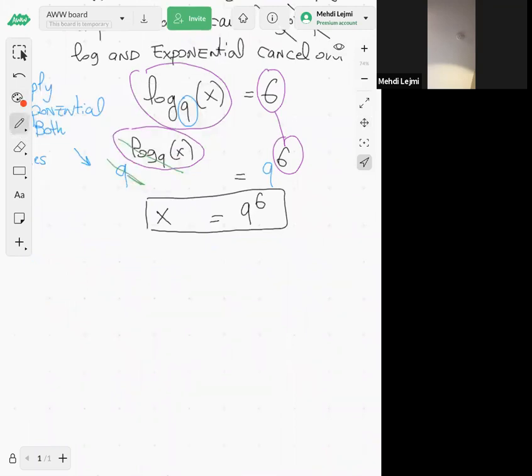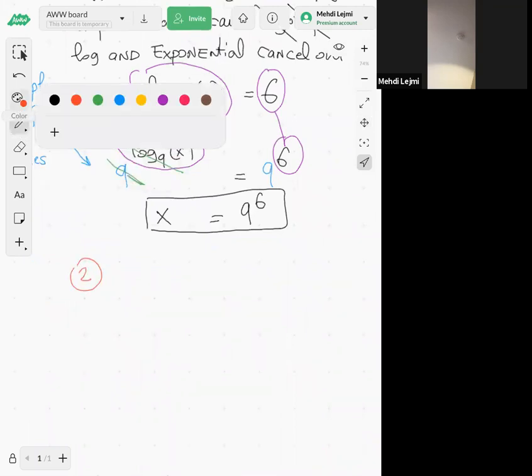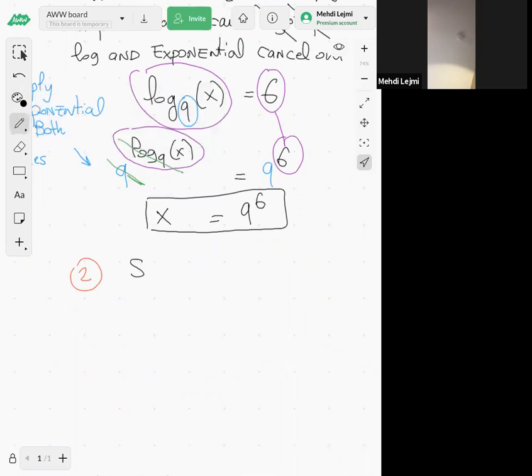Example number 2. Let's say I want to solve for x, of course. Again I have log in base 2 of x is equal to, let's say, 3. I have this log, I want to get rid of the log and get my x.